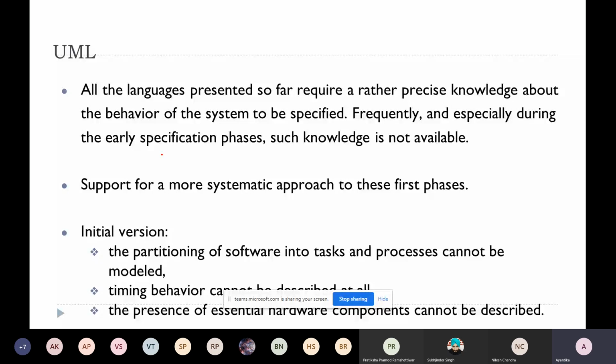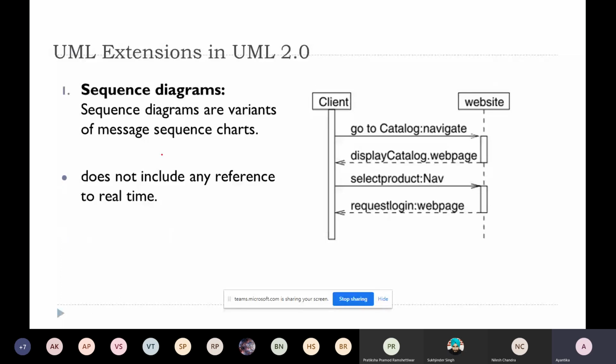Now UML, again, in its initial versions everything was not there. But later on, UML was extended, and in UML version 2.0 and later they included different components, or different diagrams.